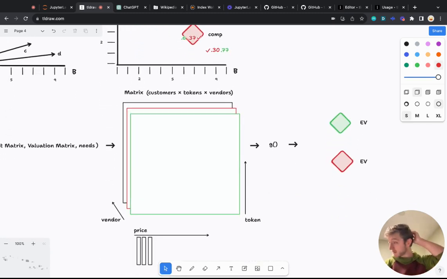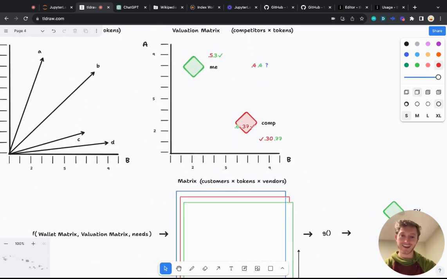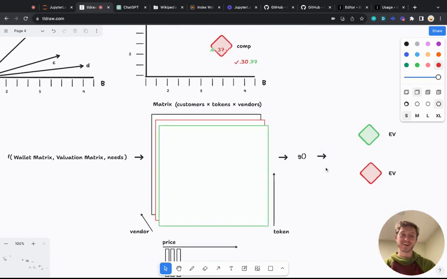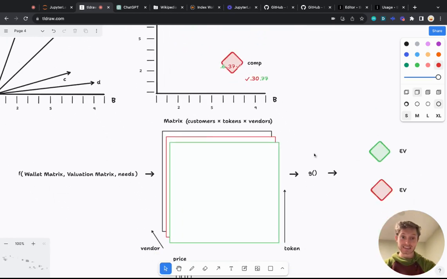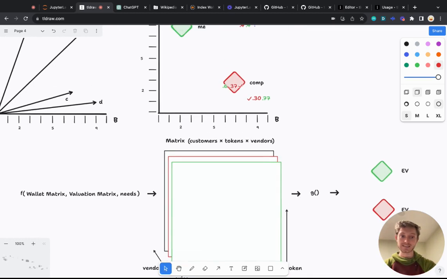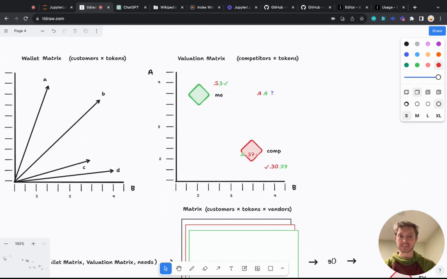And for every single token combination, that is not tractable.